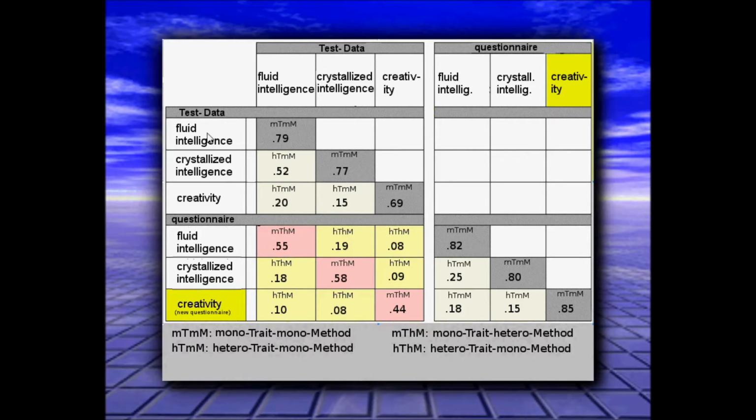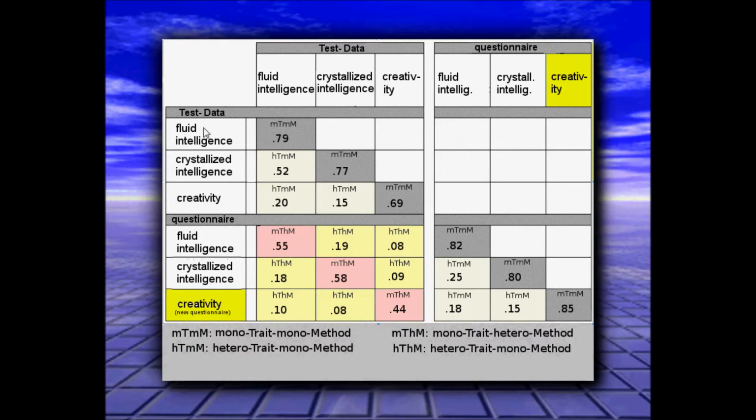In case of fluid and crystalline intelligence, you can choose for fluid intelligence, for example, the Raven matrices, or you can choose the culture fair test matrices. There are many possibilities in case of fluid intelligence and crystalline intelligence.